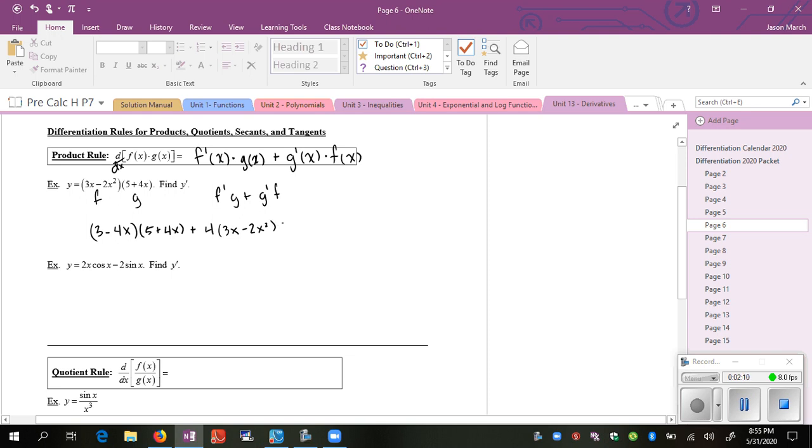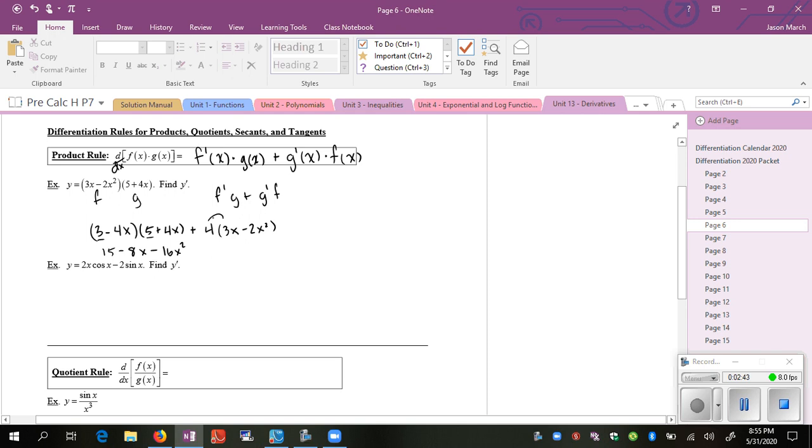And you could leave your answer like that, but I'm just going to show you some algebraic manipulation to show you that this actually worked. If I multiply these two parentheses together, we have 3 times 5 is 15, and then 3 times 4x is 12x, minus 4x times 5x, so that's 12x minus 20x, so that's minus 8x, and then minus 16x squared.